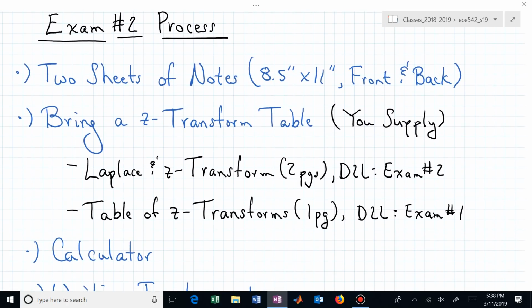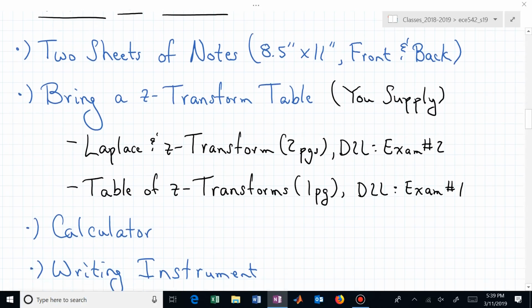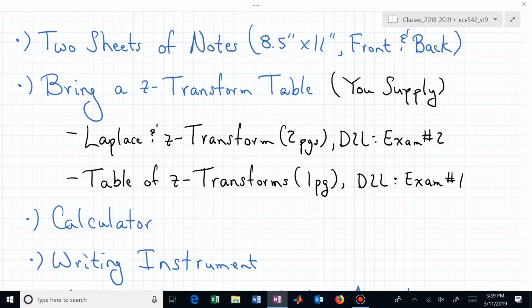The process is consistent with the exam number 1 process. You get one more sheet of notes, front and back. But now you can actually bring both z-transform tables. Exam number 2 has a column for Laplace and a column for z. And those tables actually only contain transform pairs for causal waveforms.